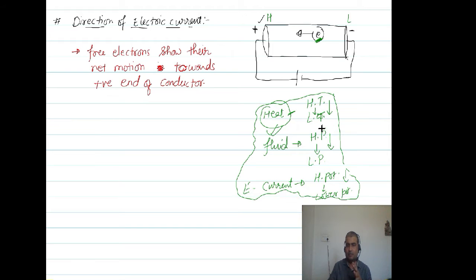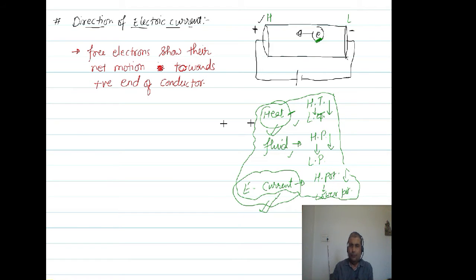Convention means tradition, meaning what has been followed all along. If we talk about heat, if we talk about fluid flow, if we talk about current, the same situation should happen with electric current as well.